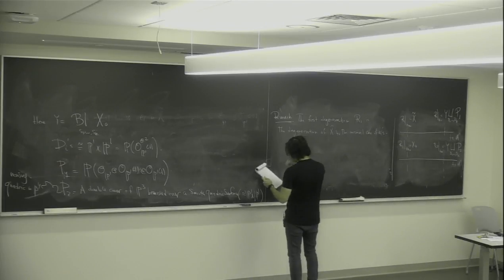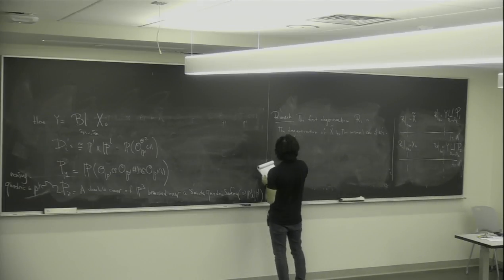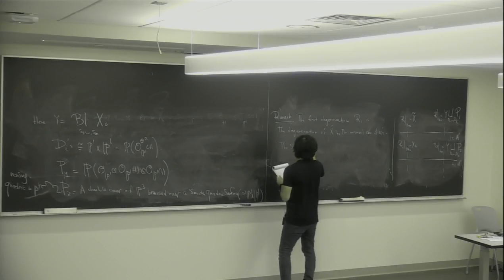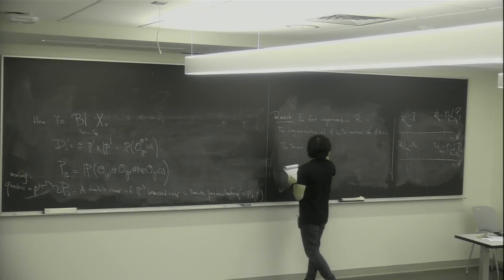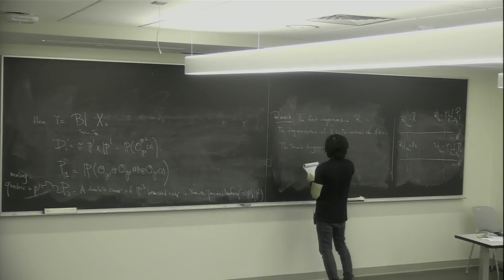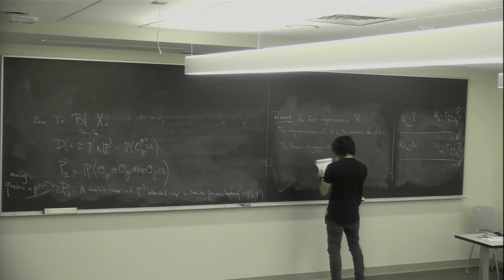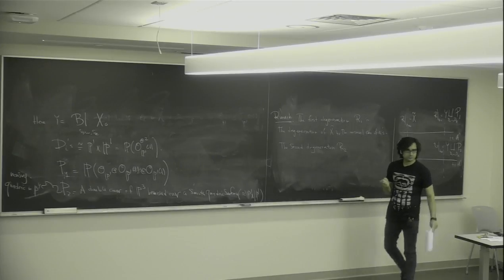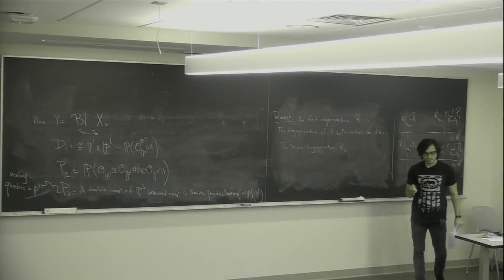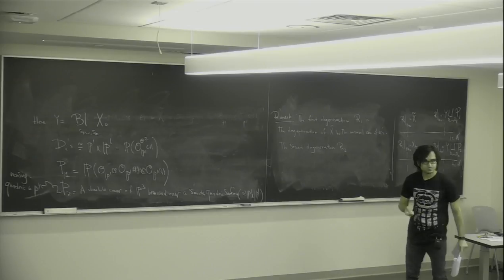And the second degeneration, R2, is just something that was, I think, worked out for the first time by Yao and company.